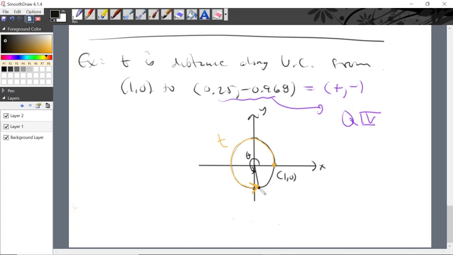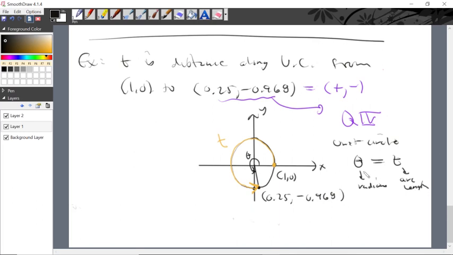Now the coordinates of this terminal point should be (0.25, -0.968). We are in the unit circle. Remember that in the unit circle, theta and t are equal to each other, where theta is a measurement of the angle in radians and t is the arc length.